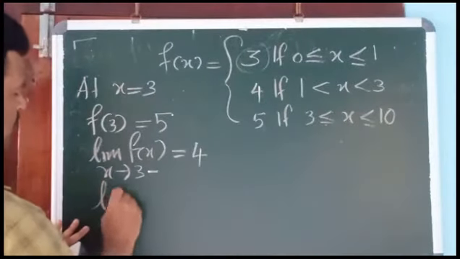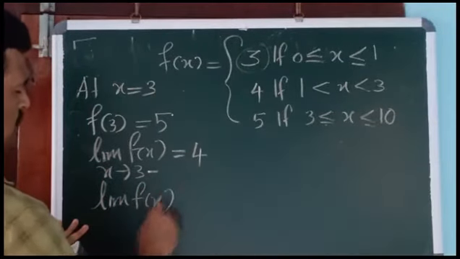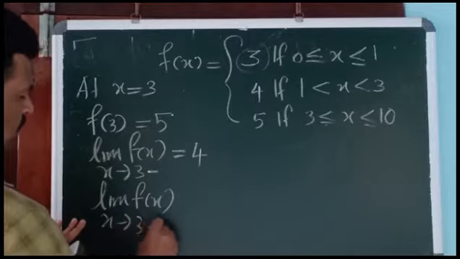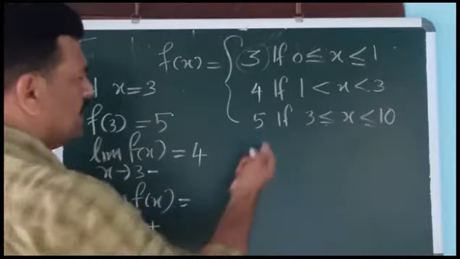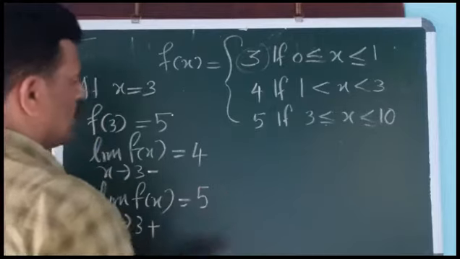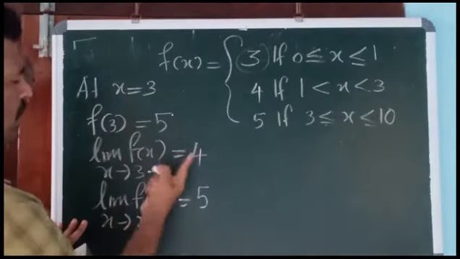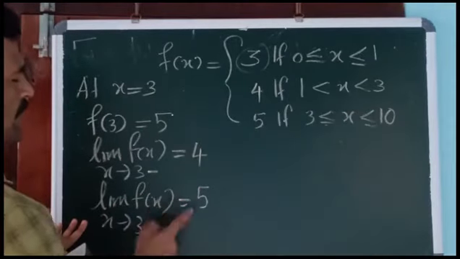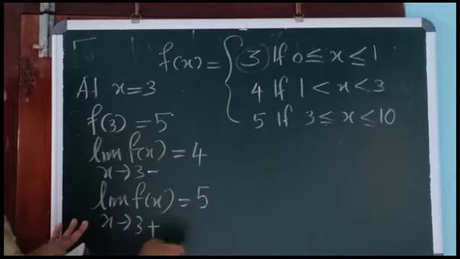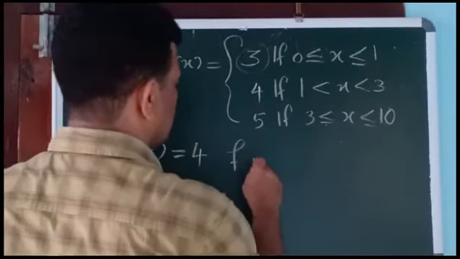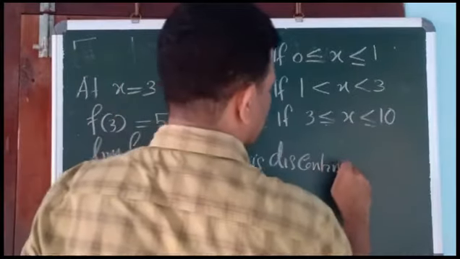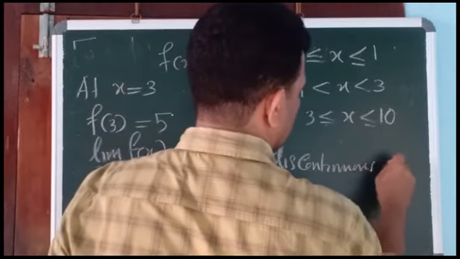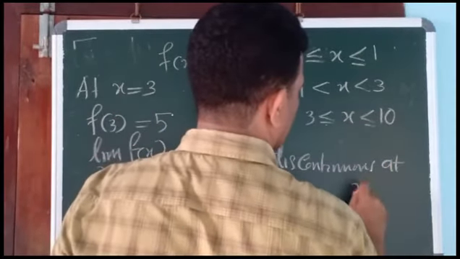Limit f of x as x tends to 3 plus, x is tending to 3 and greater than 3, the function is 5. Therefore, here again the value is not equal to the left limit, not equal to the right limit. These three are not the same. Therefore, f is discontinuous at x equal to 3.